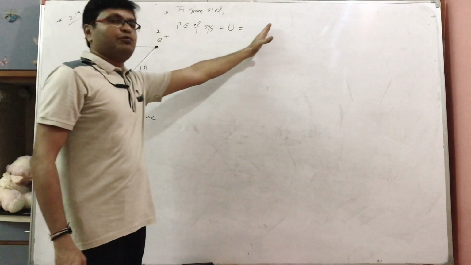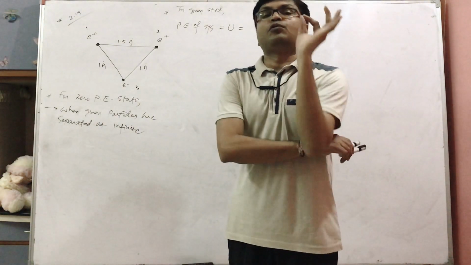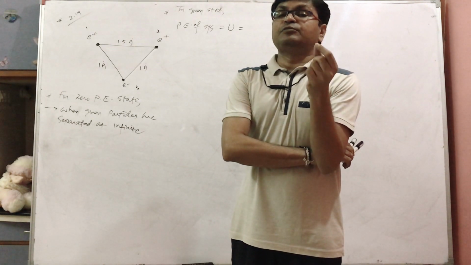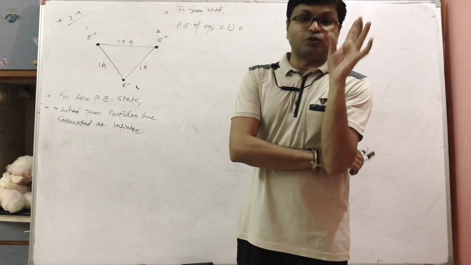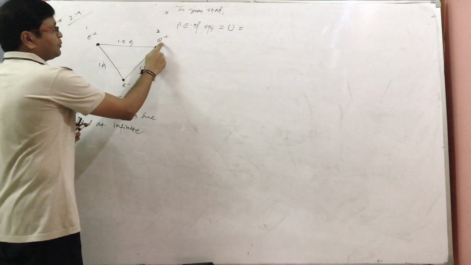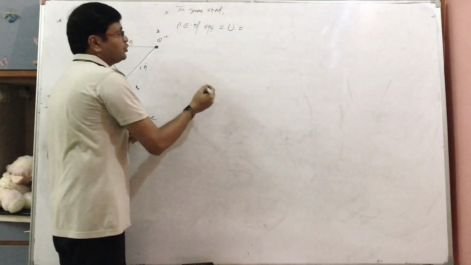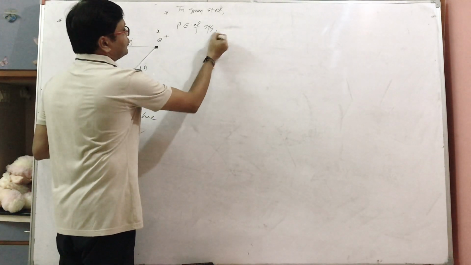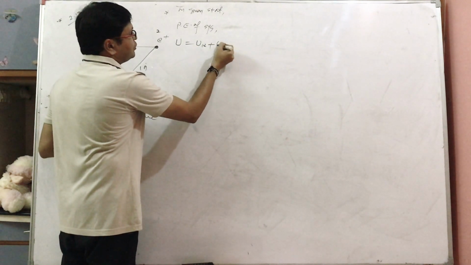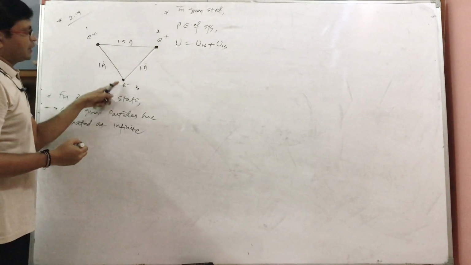You know that the total potential energy is the algebraic sum of the potential energy of all possible pairs. So the first proton will form a pair with the second proton and with the electron. So the total potential energy U is equal to U12 plus U13, that is 1 with 2, and 1 with 3.